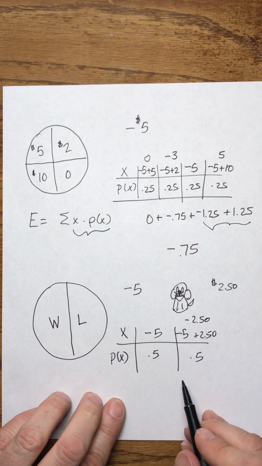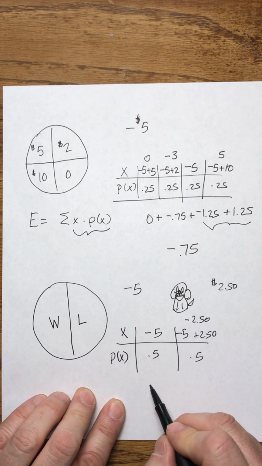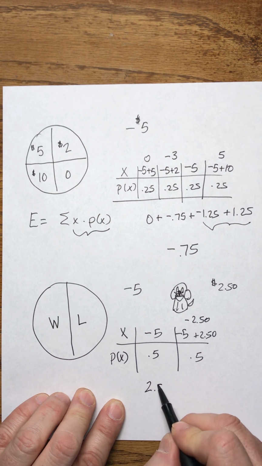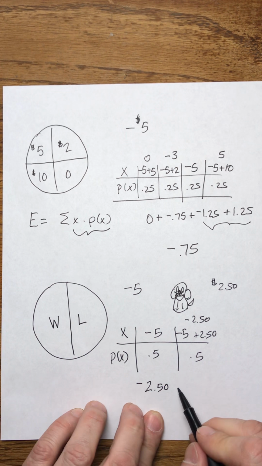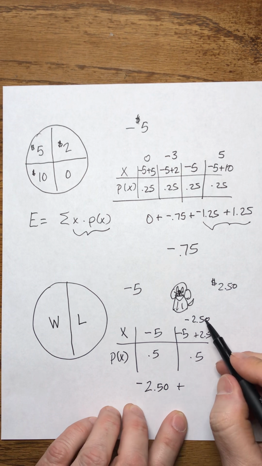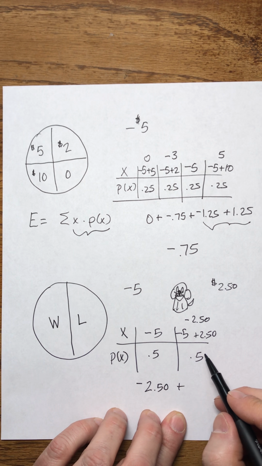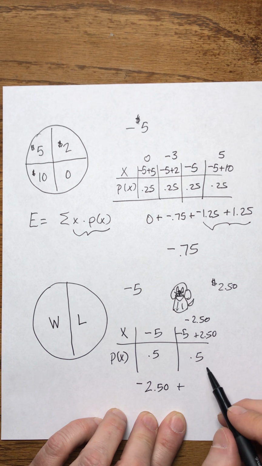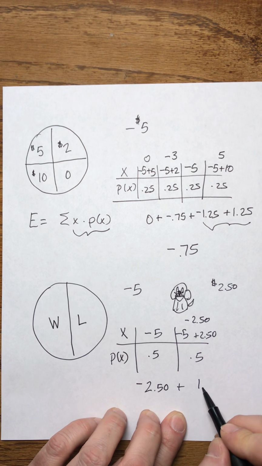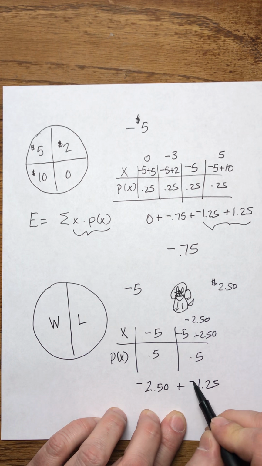If you multiplied these down, 5 times 5 is 25 with 1 decimal place. So here it would be a negative 2.5. And here, this times this would come out to be $1.25, and you would be out that much money.